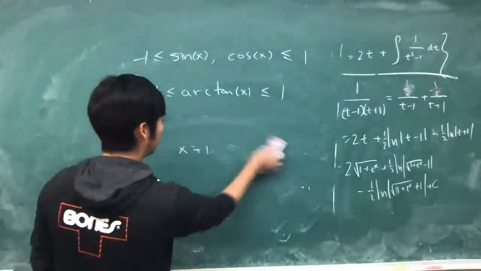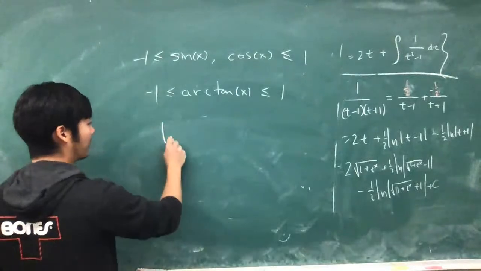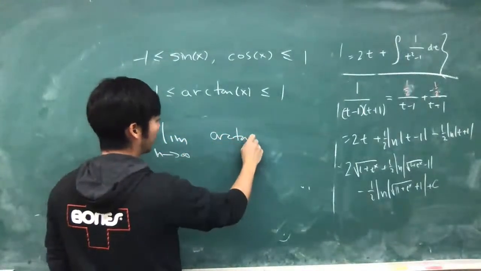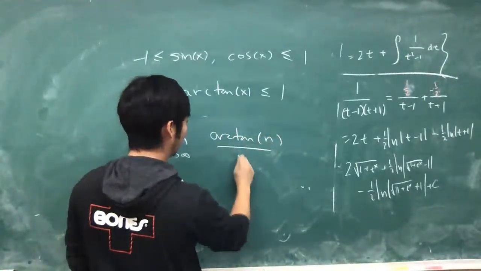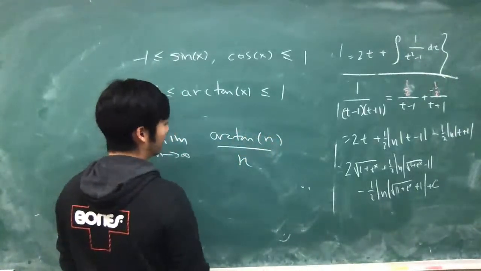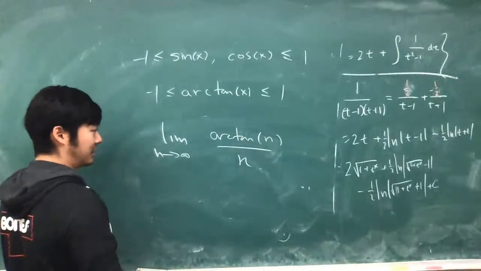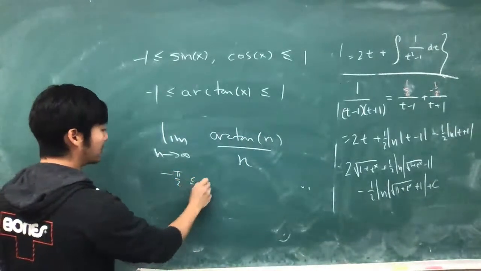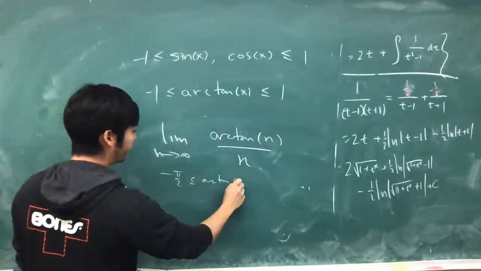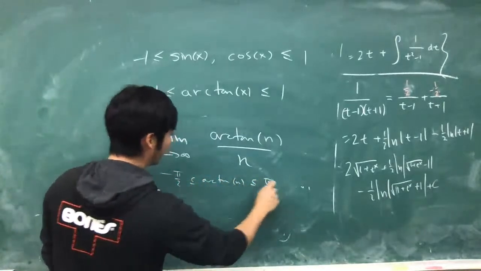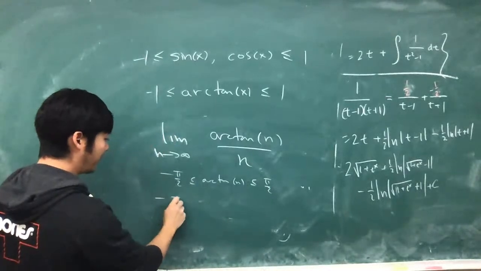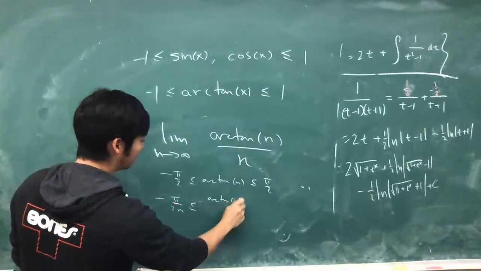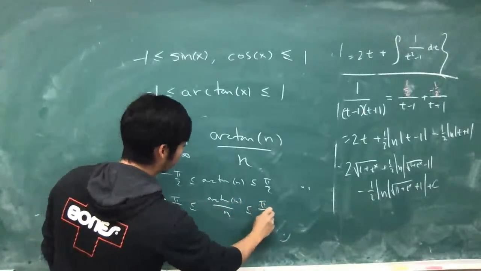So the limit as n goes to infinity of arctan of n over n, you would evaluate using squeeze theorem because arctan is bounded by pi over 2. And then divide everything by n. So this is negative pi over 2n, and arctan of n divided by n.